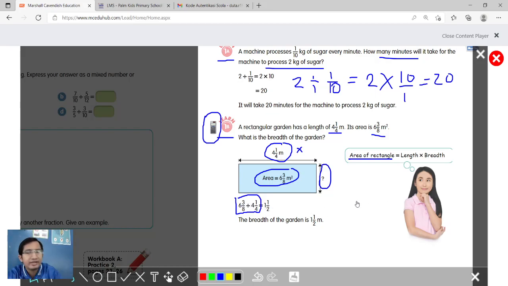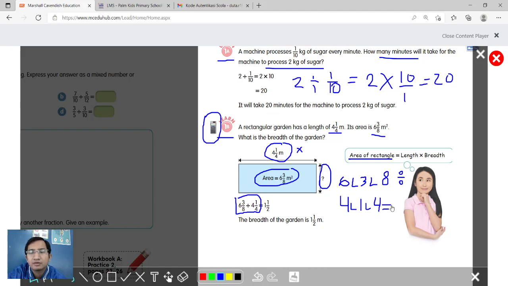If we use a calculator, we can write it like this. But this needs to use our scientific calculator. 6, then the fraction symbol 3, 8, then divide by, 1, the fraction symbol, 4.